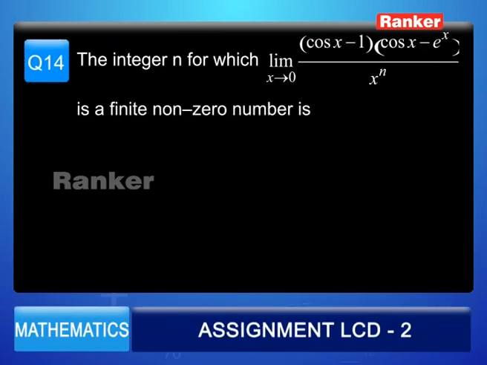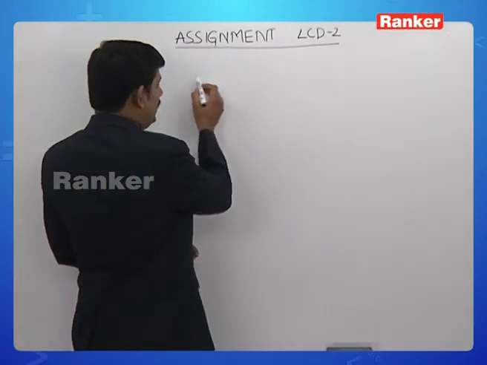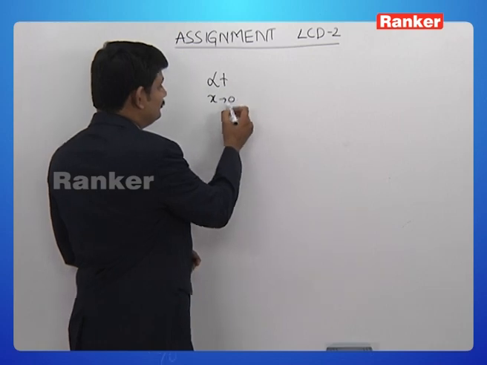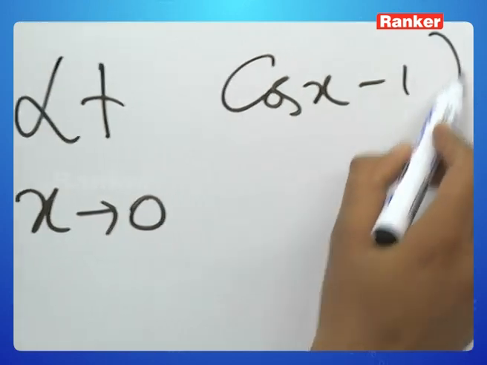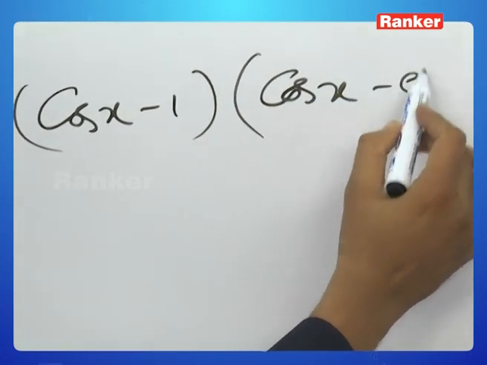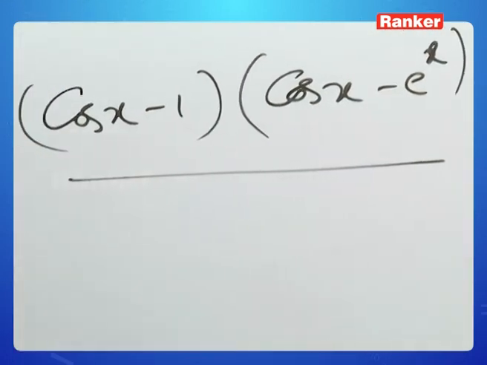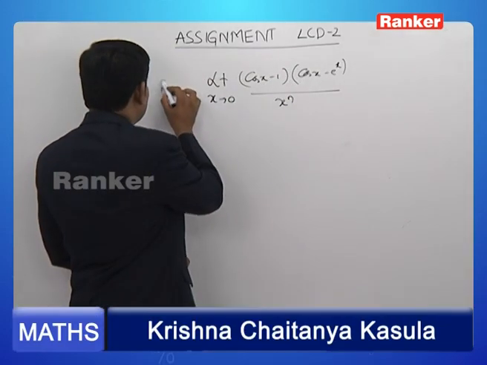Next question: find the integer n for which the limit as x tends to 0 of (cos x minus 1) into (cos x minus e power x) divided by x power n is a finite non-zero number.